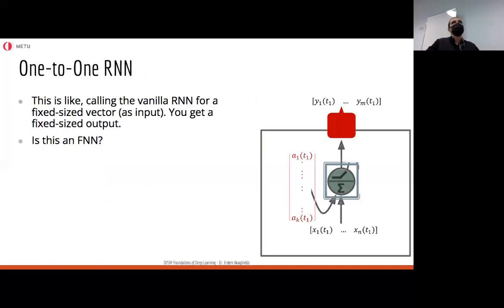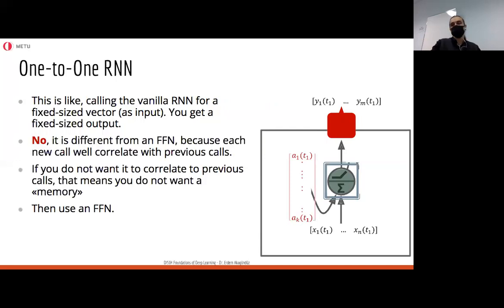Let's see. One-to-one. I'm feeding an X, I'm getting a Y. I'm feeding one sample and getting one sample. Well, it sounds like it is not a sequence problem, right? So why am I using a recurrent connection then? Well, that's not necessarily true. For certain specific problems, this could be the case.